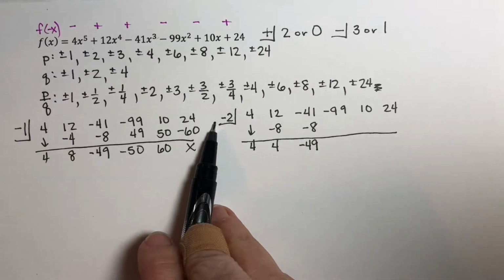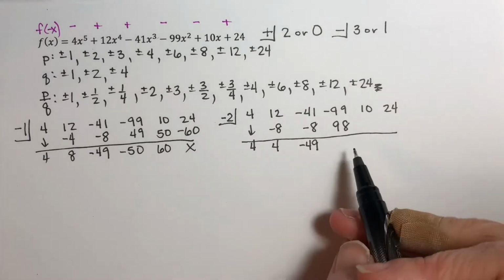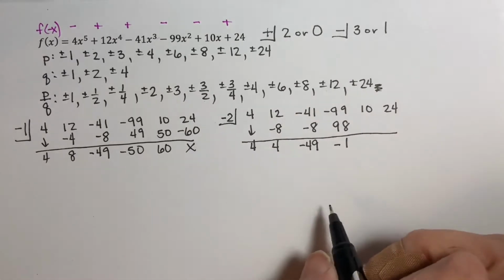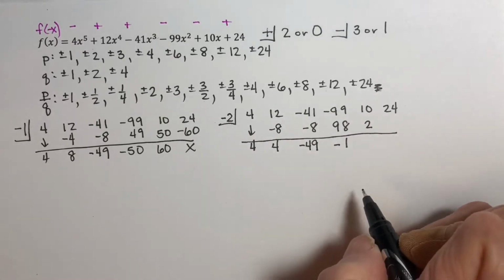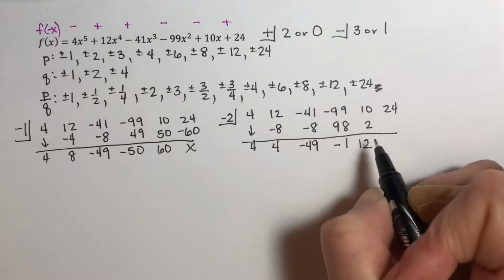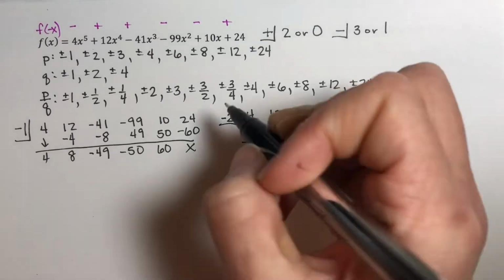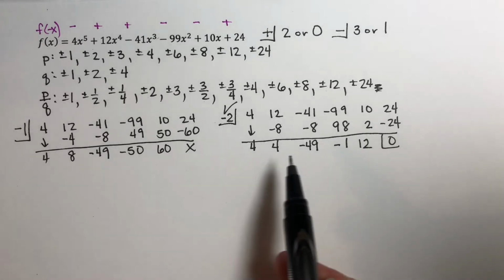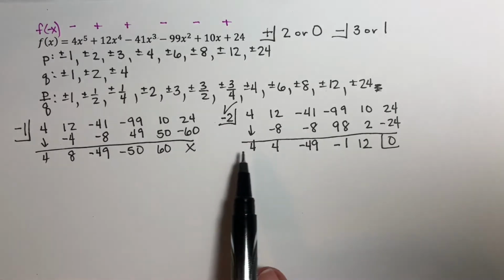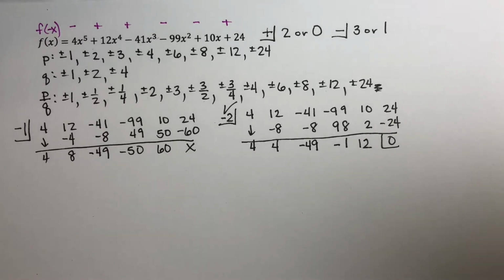Negative 49 times negative 2 is positive 98. Add here for a negative 1. Multiply for a positive 2. Add for a 12. And then multiply and you get negative 24. So that's a 0, and negative 2 is one of our 5 solutions. Okay, now since we were checking a negative number, check for alternating signs to see if we can eliminate anything else, and that didn't work for us.